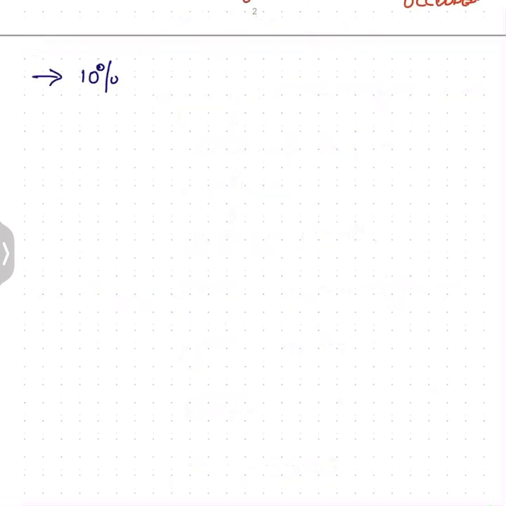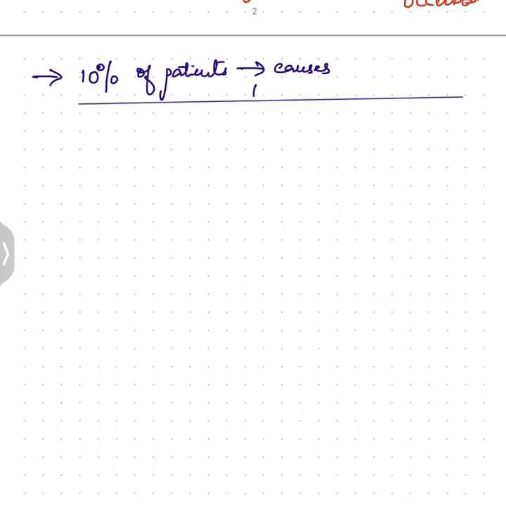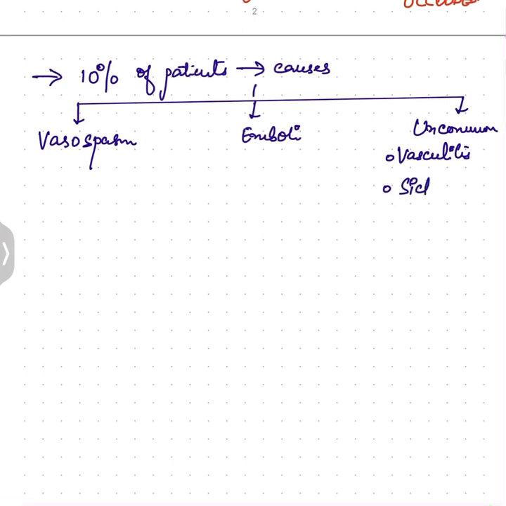Robbins says that in around 10% of the patients, we have some other causes. So in about 10% of the patients, those other causes may be grouped into 3. There may be vasospasm, or emboli, or certain uncommon conditions like vasculitis, sickle cell. This is your artery, your vessel, sickle cell has occluded it, or because of shock.